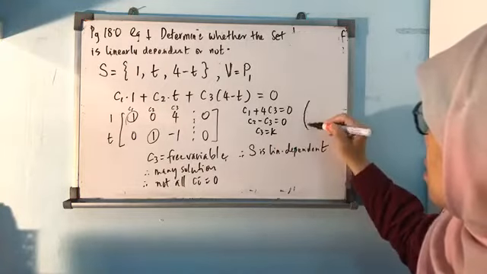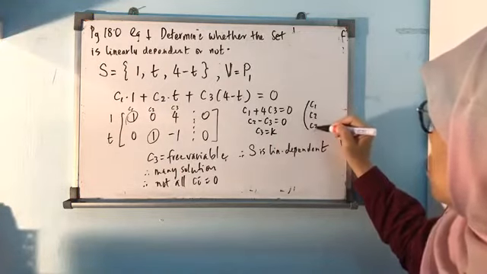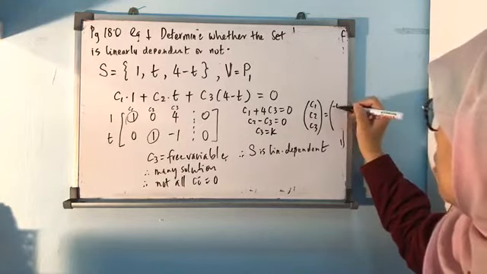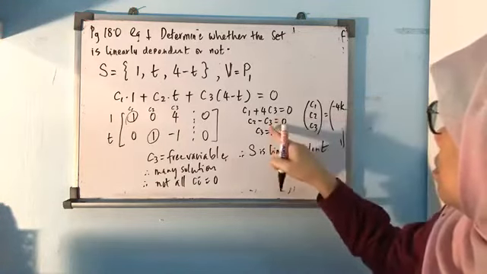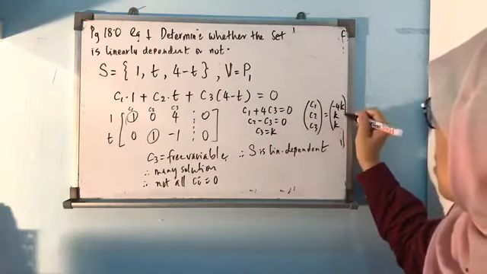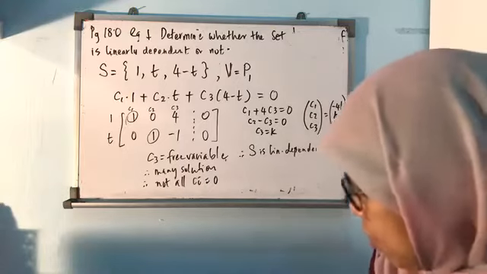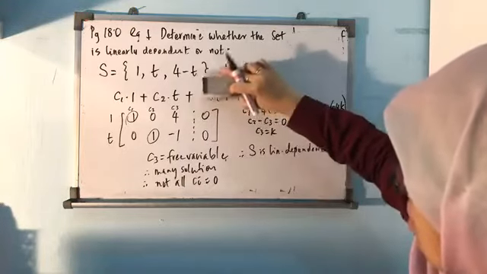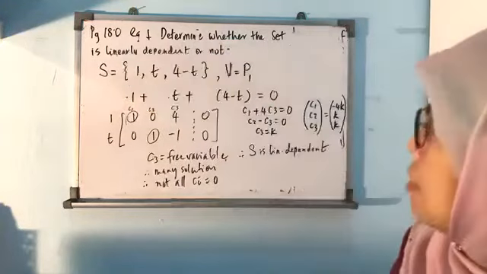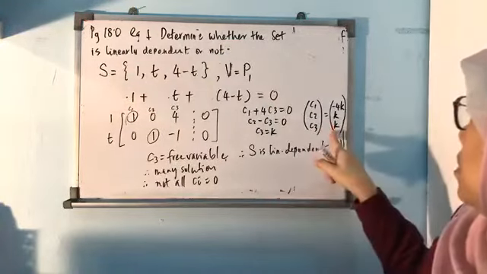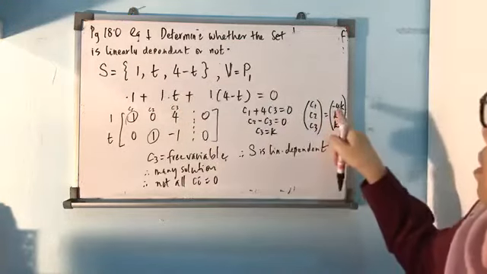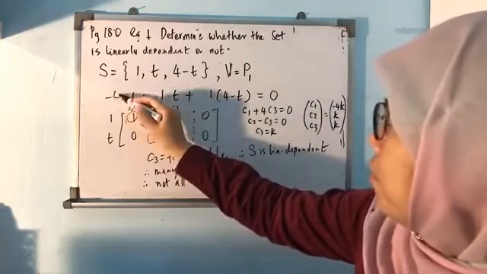So you get C1, C2, C3 equal to negative 4k, k, k. For example, if C3 is 1, C2 is 1, C1 is negative 4.